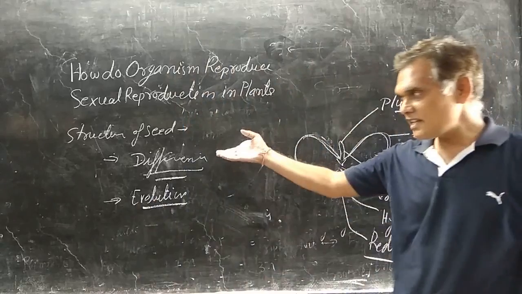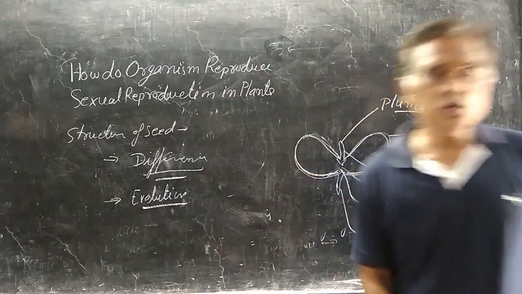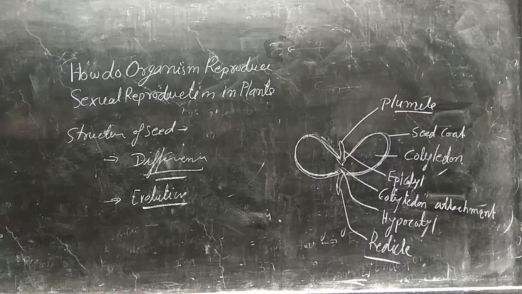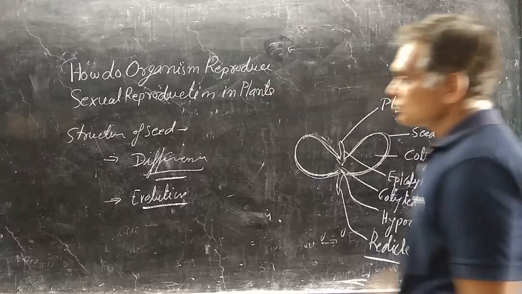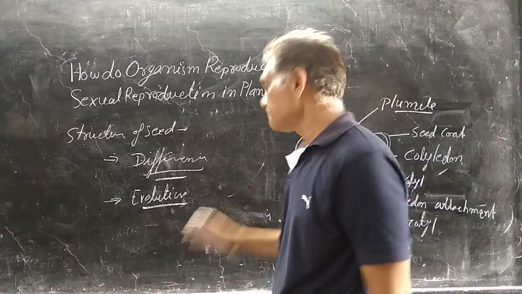If differences do not occur, evolution will not occur, due to which new types of organisms are not formed in nature. अगर evolution नहीं होगा तो नए तरह के organism नहीं होंगे.